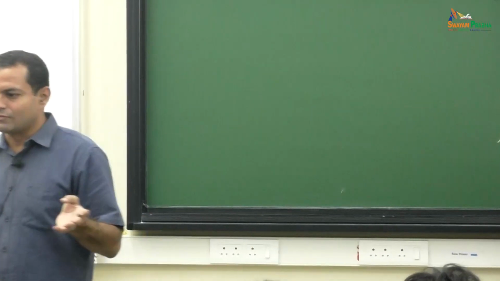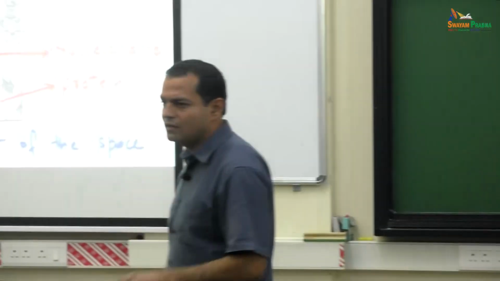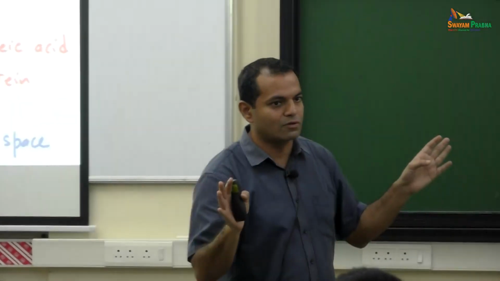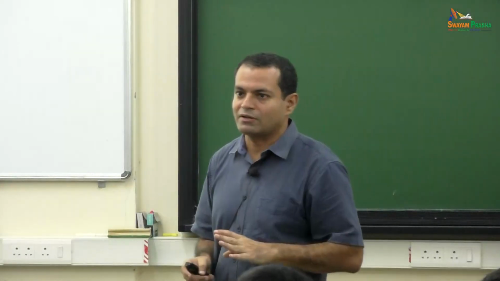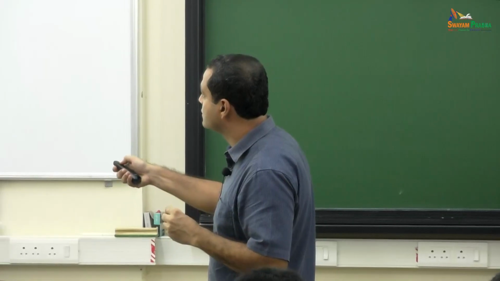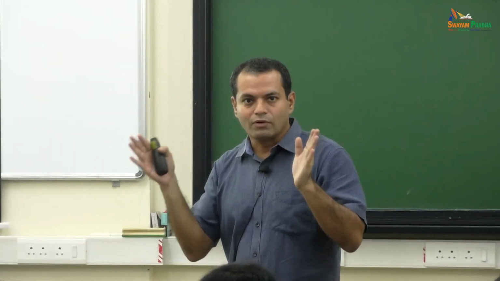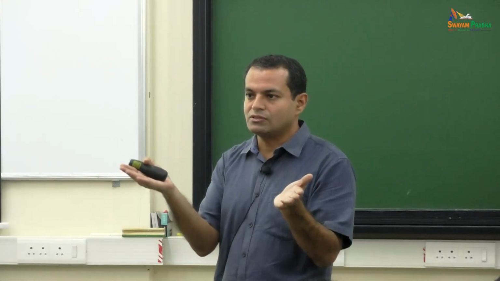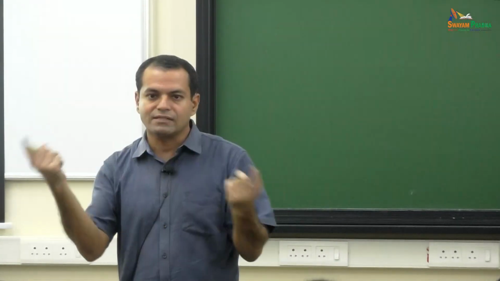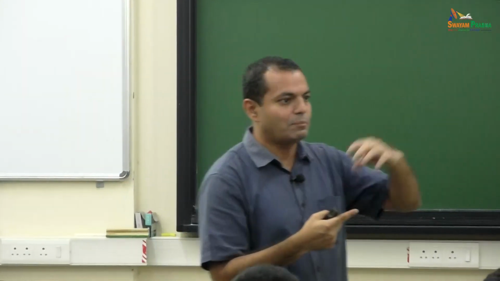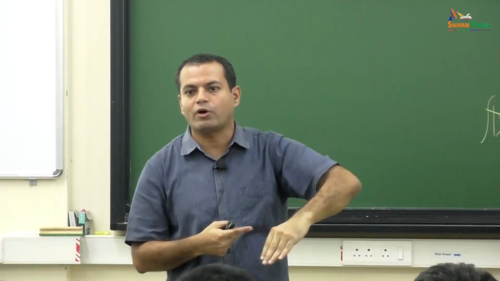Whatever is not marked or not shown in this dark color is water. Water is present like a constant background, but it is the most important thing because it controls the electrostatic interactions between all of these things. And if you confine it, the dielectric constant is no longer 80, and the interactions are very much different. Certain reactions may happen, may not happen, depending on the value being 80 or 1.8 or 20.